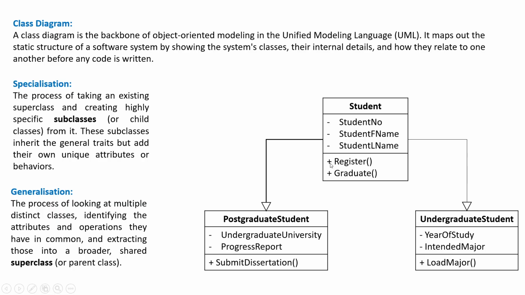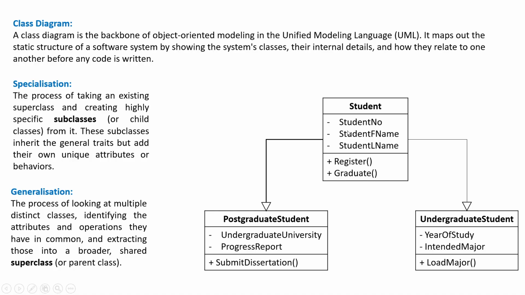And the third section of this class lists the methods for this class. So we've got register, where we can register a student, and graduate. So these are usually the functions. In general, you would pass parameters through in the brackets, and you would say the data type that the function is returning.